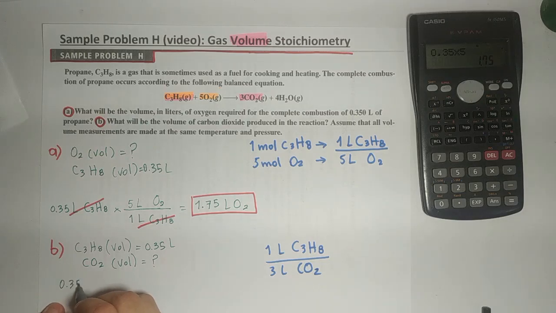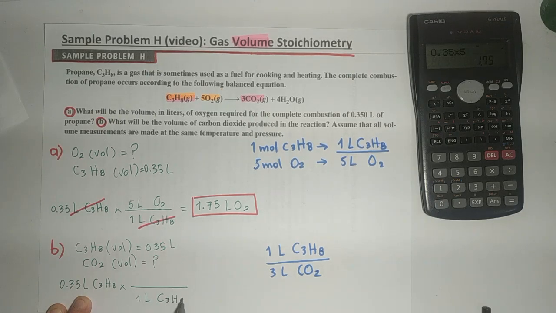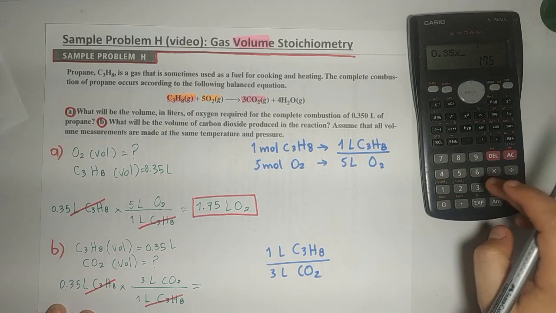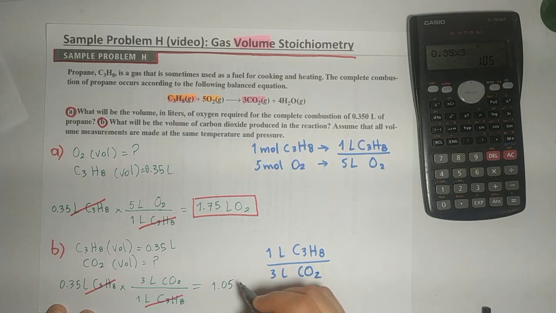We say 0.35 liters of propane times the relationship. Now in this case, my liters of propane is in the top, so I will choose my liters of propane to be below. 1 liter C3H8, 3 liters of CO2. Now I can cancel my liters of propane in the top and also below. And my answer is 0.35 times 3, 1.05 liters of CO2. And voila.